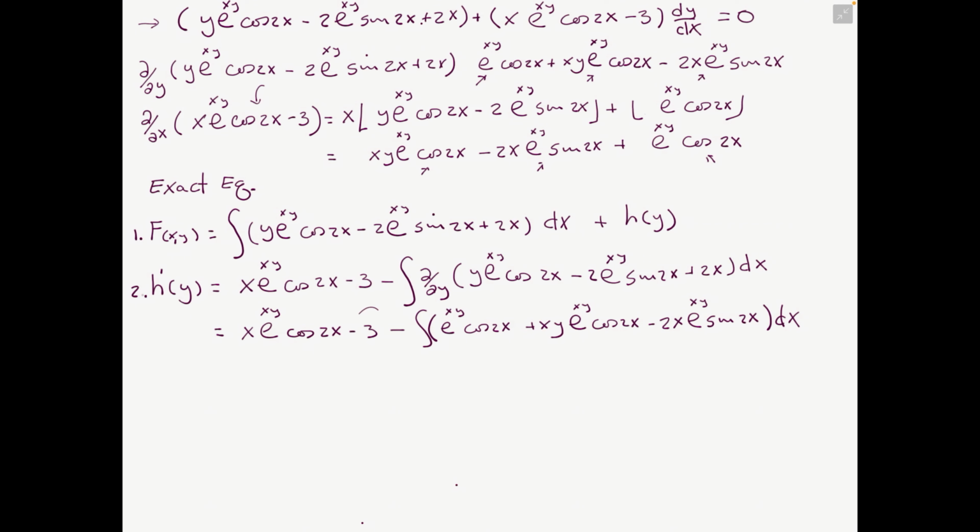All right, so now it comes down to solving these integrations.